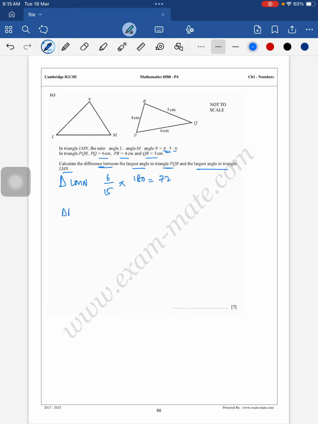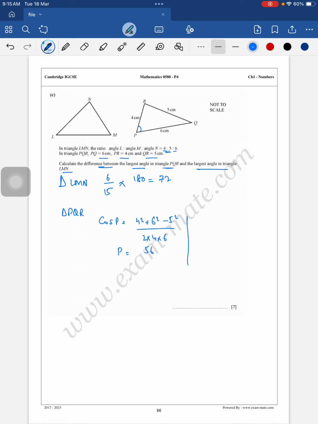Now for triangle PQR, we know all three sides, so we can apply cos law in order to find out the angles. So first for P, cos P should be equal to 4 square plus 6 square minus 5 square, the opposite side, over 2 into 4 into 6. Applying the formula in the calculator, P is coming out to be 55.77, I'm taking it as 56.